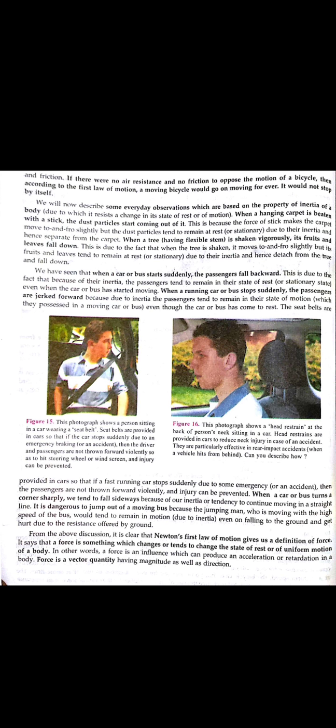But the upper part of our body is still in motion, so it keeps moving in the forward direction, because the motion is in the forward direction. So whenever the train stops, we get a jerk in the forward direction, because our body is still in motion, but the lower part of the body has come to rest. This is the inertia of motion.